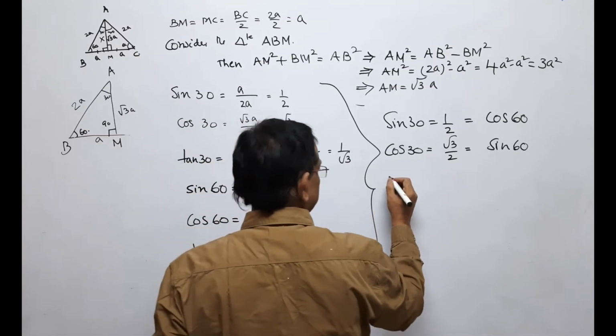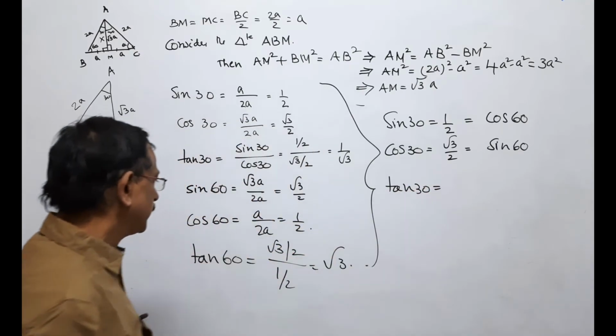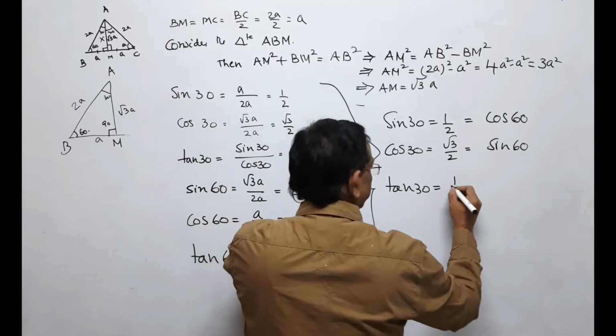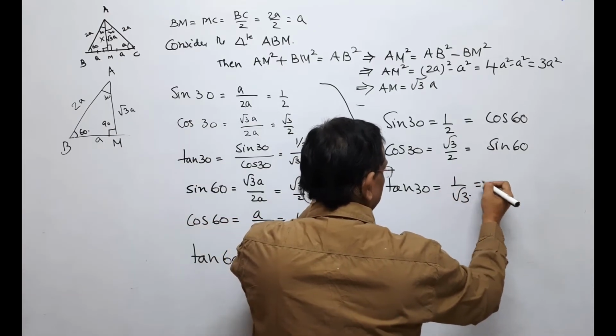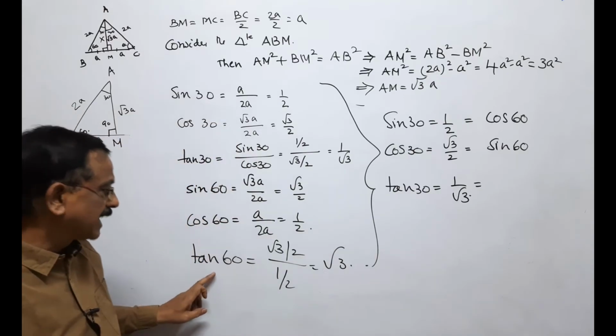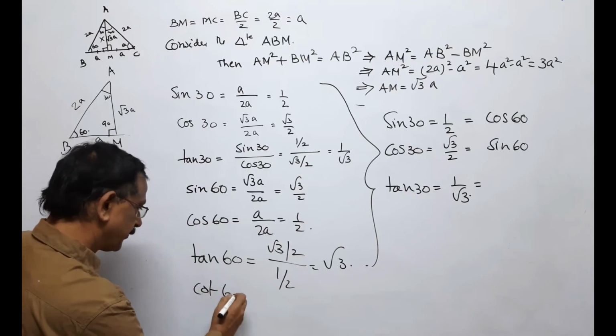What about tan 30? Tan 30 is 1 over root 3. Now, I should be very careful about this. Tan 60 is root 3. What about cot 60 from this?